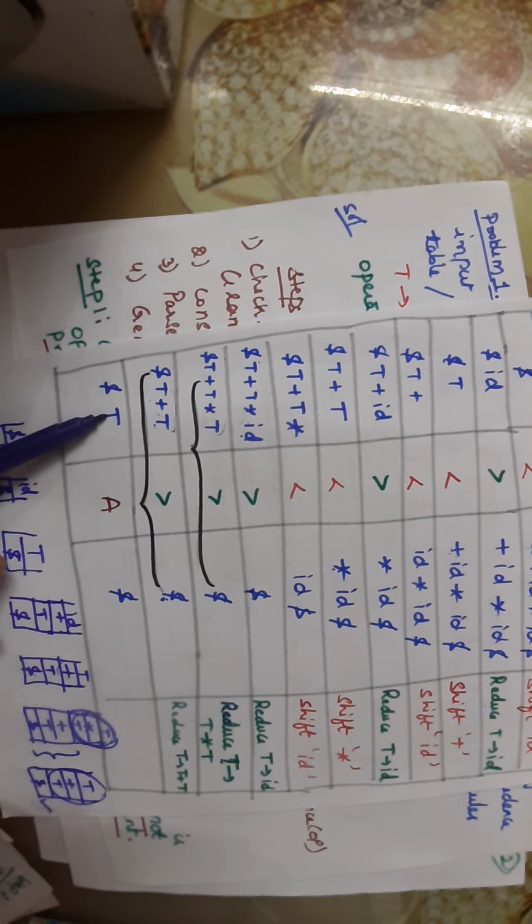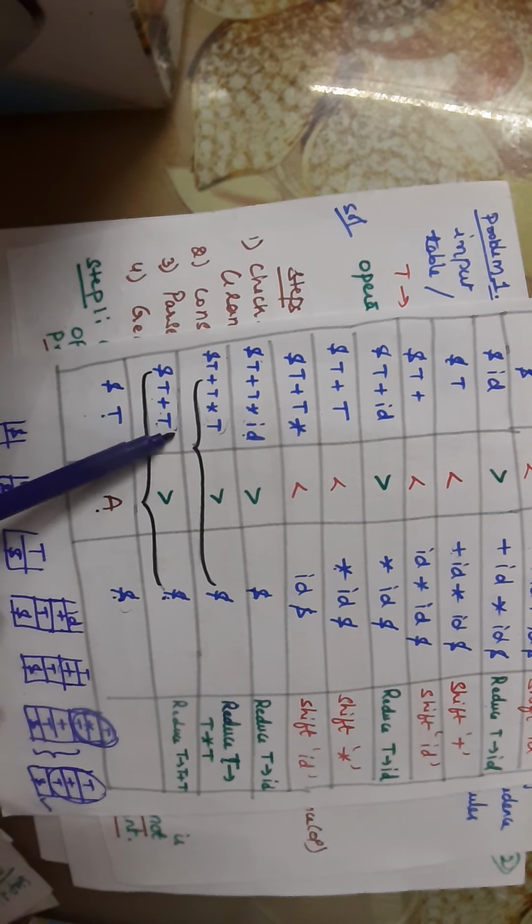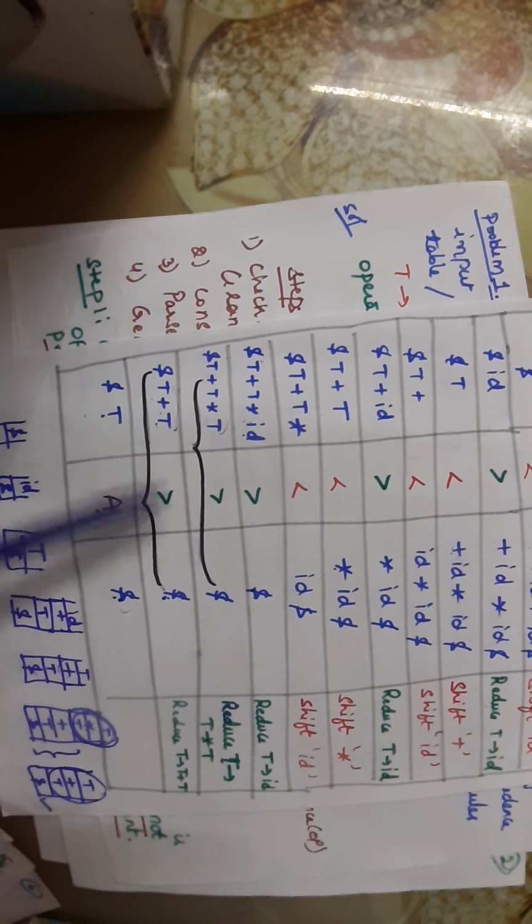So once we get the parent node, there is no need to compare the dollar which is in the input string. No need to compare this dollar and this dollar once we get the parent. So here what we do, we write accept. When anything is there other than the parent node, for this dollar and dollar, we use the greater than symbol. When we get the parent variable, we don't write the greater than symbol.